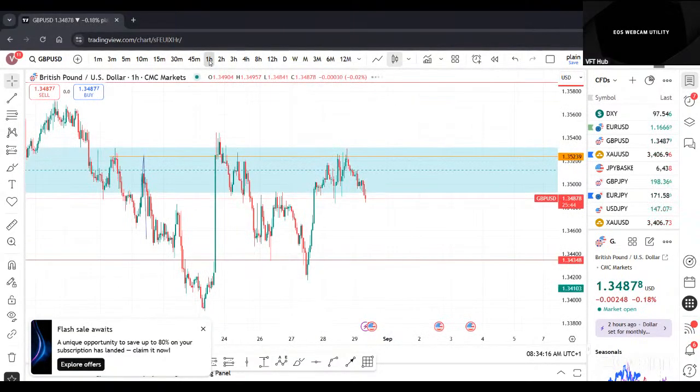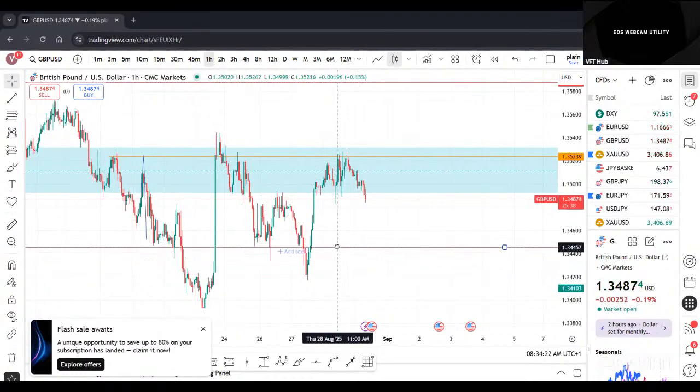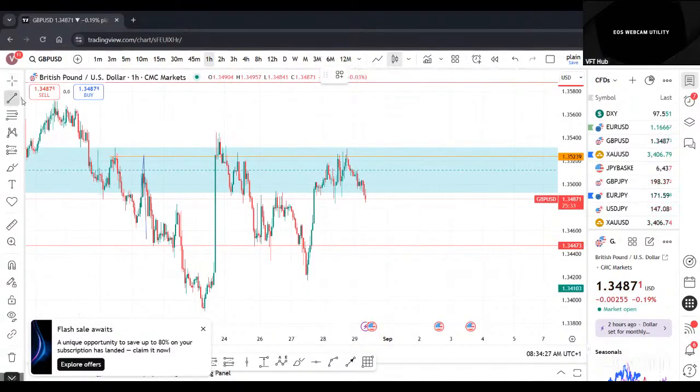So coming down to the 1-hour time frame, looking out for opportunities to enter the buy positions. I can actually spot the classic box pattern for a buy right here. Left shoulder at 1.34473.